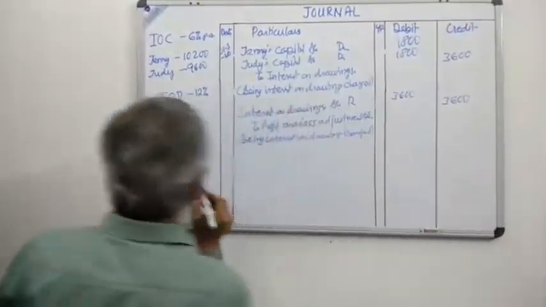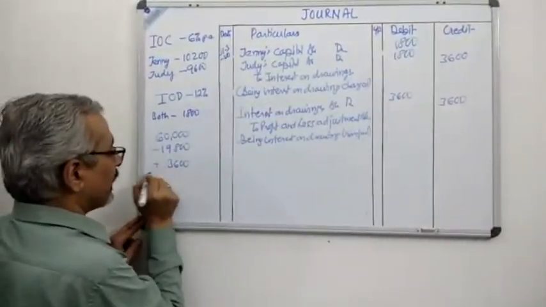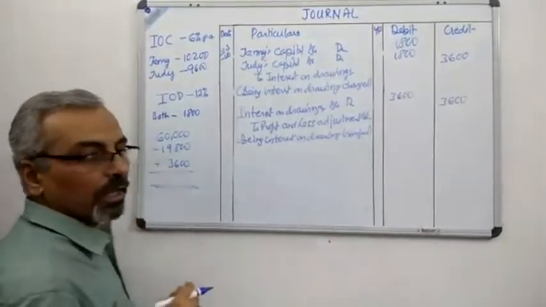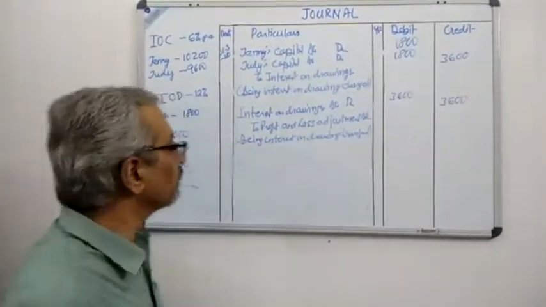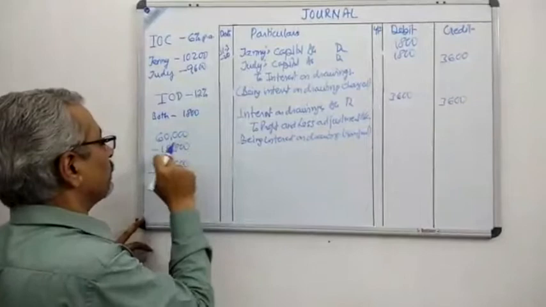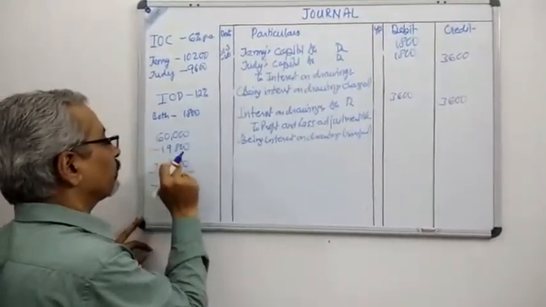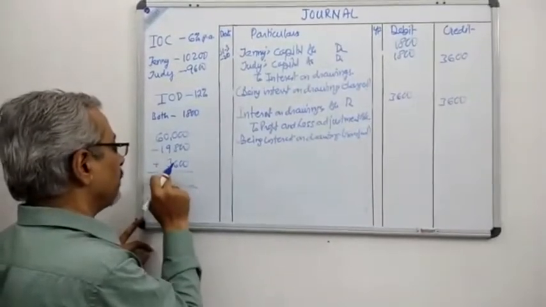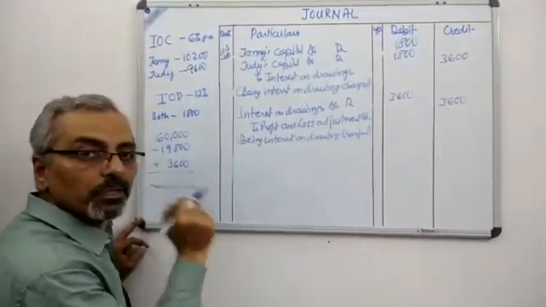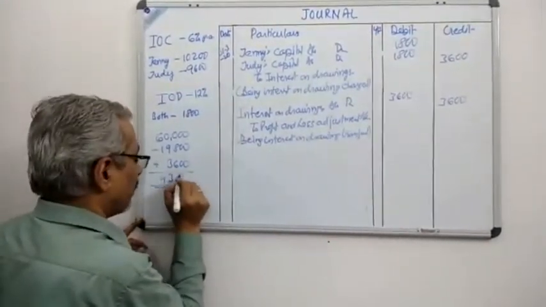We will subtract 19,800 and we add 3,600, and the resultant amount, if you see very carefully, 60,000 minus 19,800 gives us 40,200, 40,200 plus 3,600 gives us 43,800.